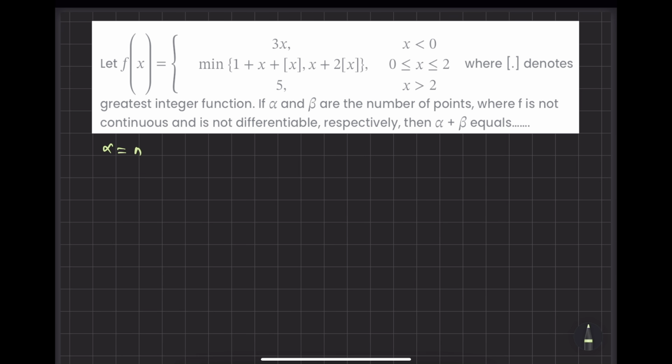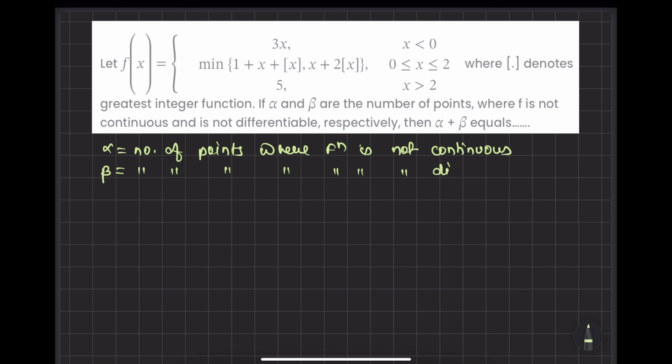Alpha is the number of points where the function is not continuous. And who is beta? Beta is the number of points where the function is not differentiable.